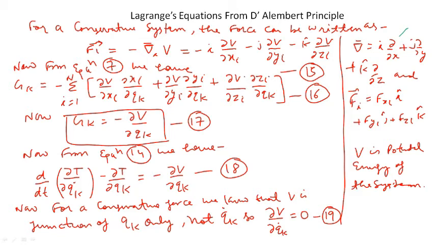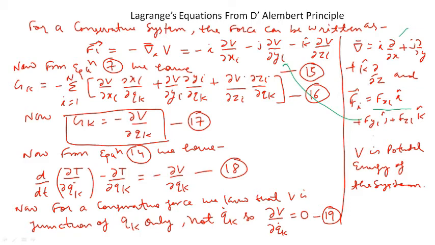So if you write Fi like this, then your Fxi will be minus del V over del xi. Similarly, Fyi will be equal to minus del V over del yi, and Fzi will be equal to minus del V over del zi. Here V is potential energy and it is not a vector quantity.